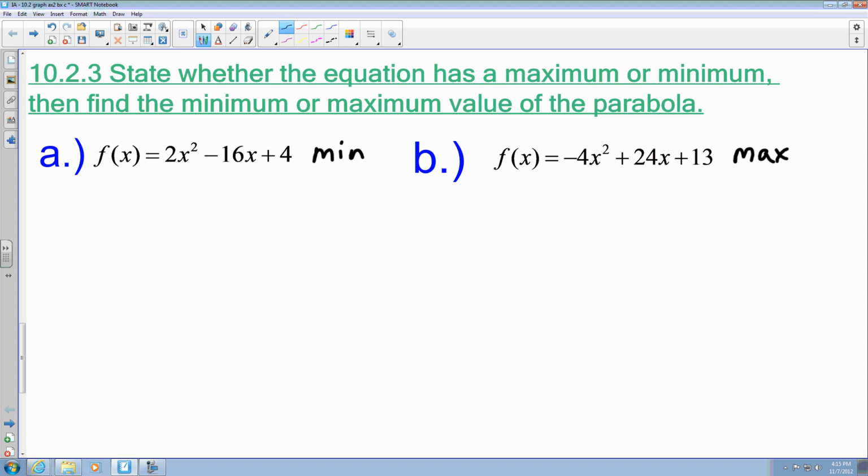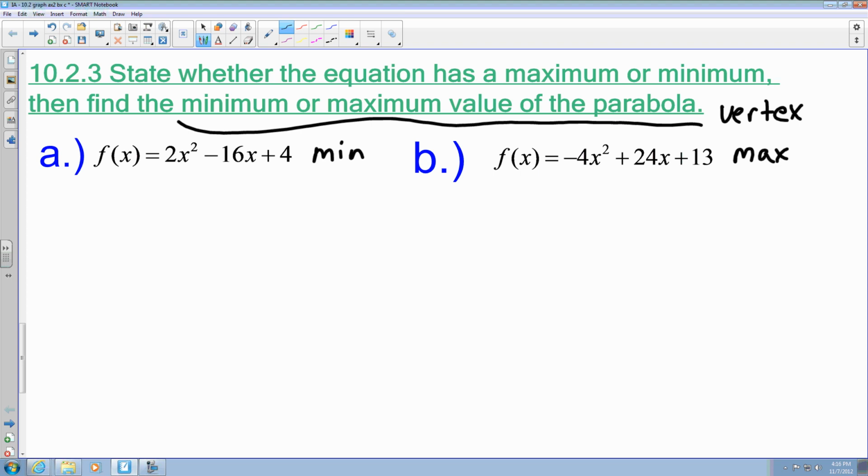So since we found what those are, now we must find the minimum or maximum value of the particular parabola. Now, if trying to find the minimum or maximum value of the parabola sounds a little long-winded, all you're doing is trying to find the vertex of the parabola, which we've done in previous examples.